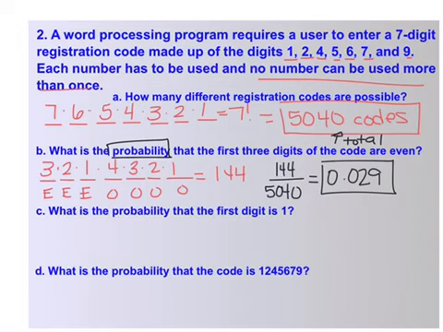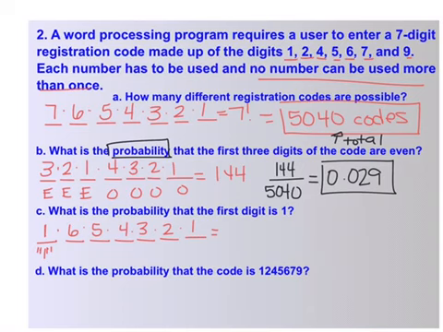Part C here: what is the probability the first digit is 1? I'm still looking at the 7-digit code, 1, 2, 3, 4, 5, 6, 7, and I need this one to be a 1. There's only one 1 in that list. Once I put it there, I can't use it again. So now I only have 6 options, then 5, 4, 3, 2, 1.